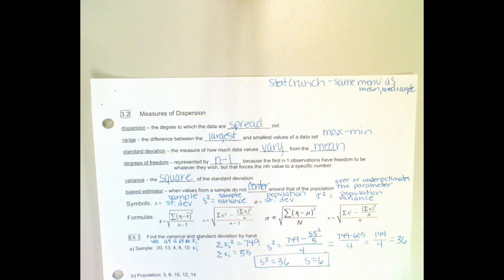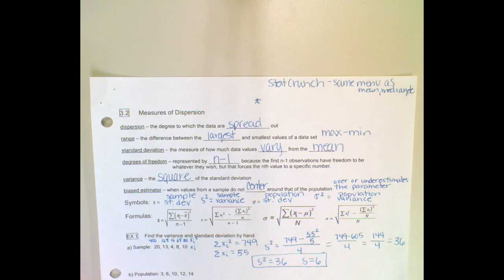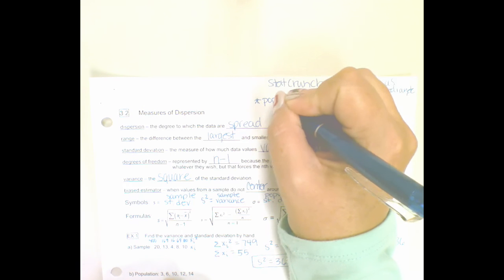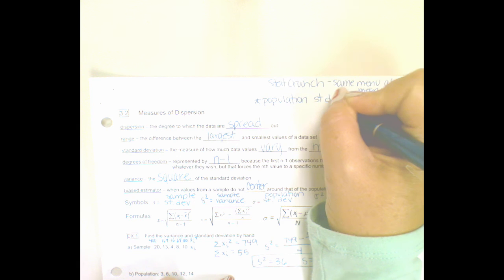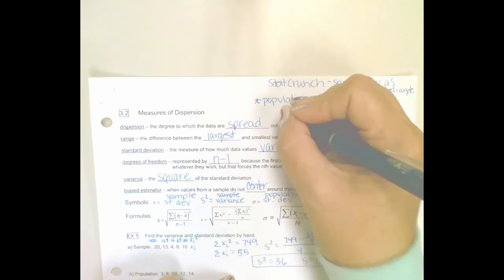The one thing that I do want to point out to you is that if you want a population standard deviation, so meaning you want sigma, it's called the unadjusted standard deviation.